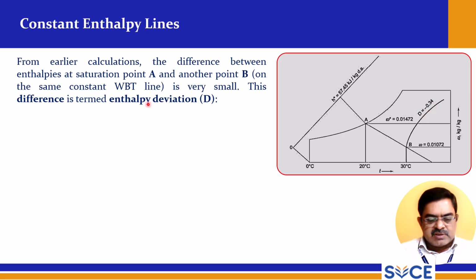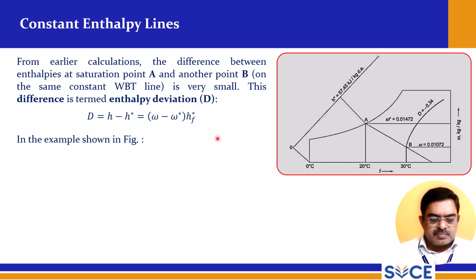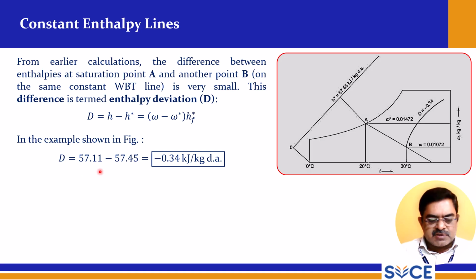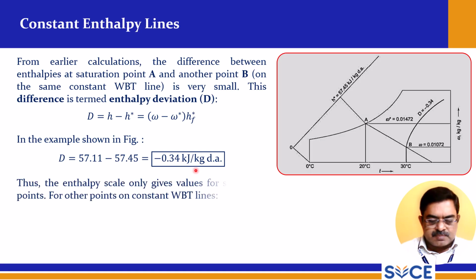So this deviation is known as enthalpy deviation, and D equal to H minus H star, that is equal to omega minus omega star HF star. So in this same example, D is equal to 57.11 minus 57.44, so that is minus 0.34 kilojoules per kg of dry air.